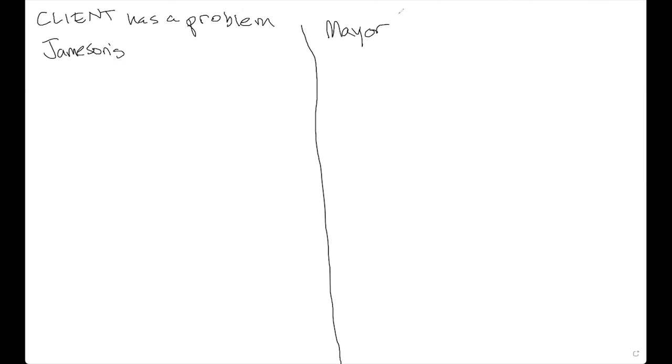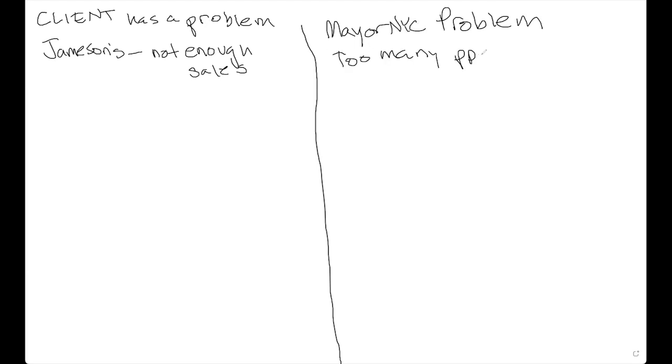And the problem for Jameson's was not enough sales. They wanted to sell more. And the problem for the mayor of New York City was too many people dying of synthetic marijuana overdoses. This should be very familiar to you.